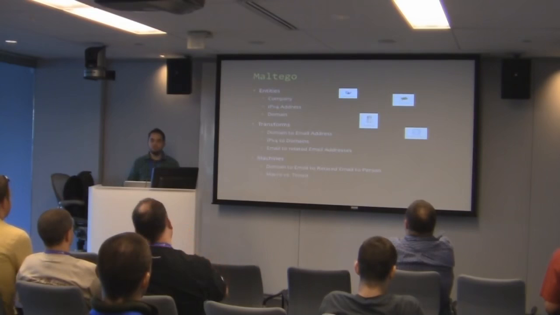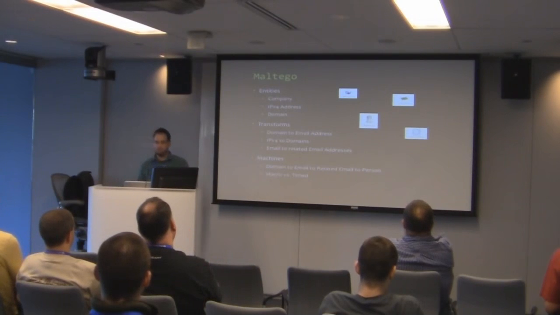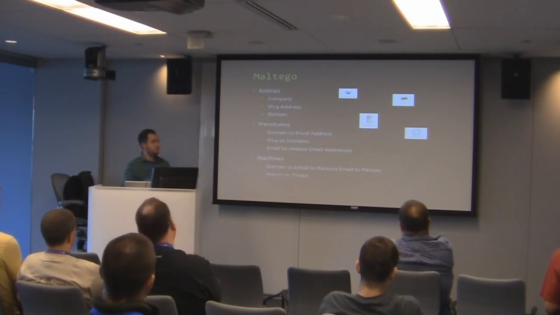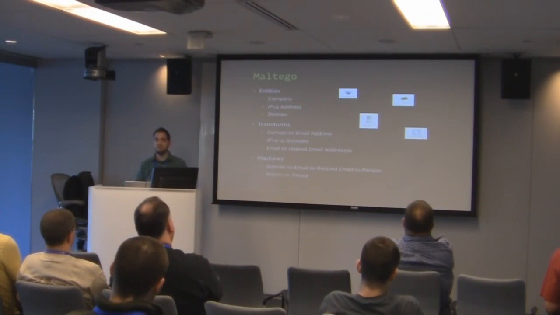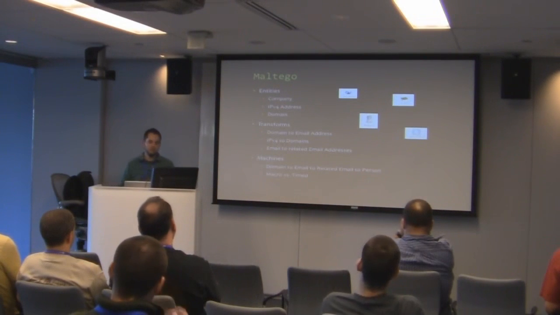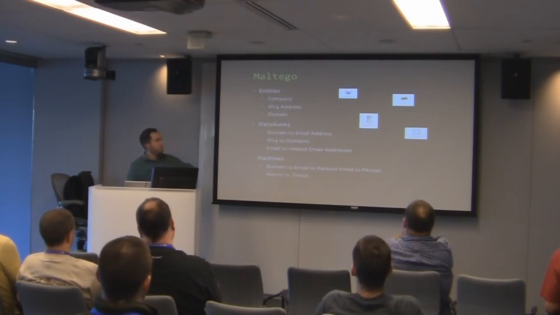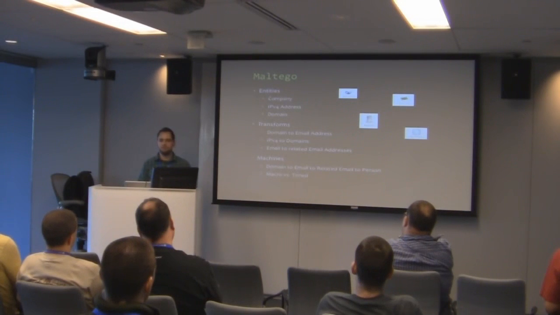There are a few building blocks within Maltego that everybody needs to understand for the rest of this. The first are entities, basic things like a company, IP address, domain. It would be those things over on the right. Each of those is a basic building block, representing essentially one piece of data on the graph. Transforms are then applied to entities.